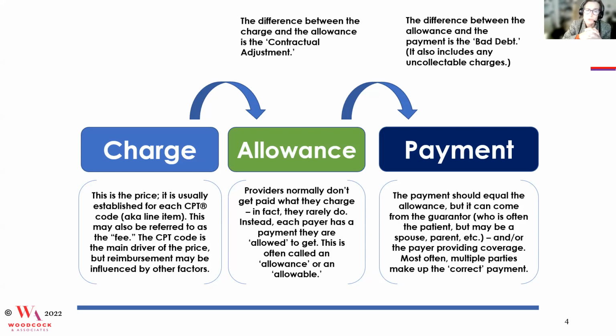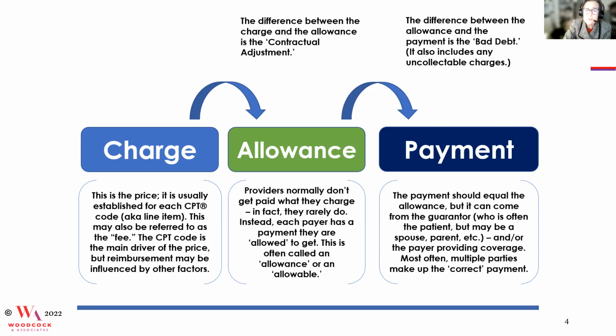Now, unlike the grocery store where you have a gallon of milk and you take it to the register and the price tag says $3.53, in healthcare and professional fee services, we don't actually pay typically the price that is listed on our claim. We have what is called an allowance.